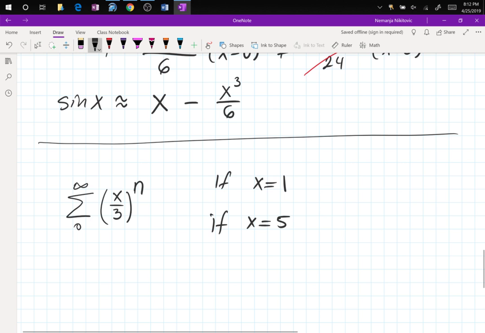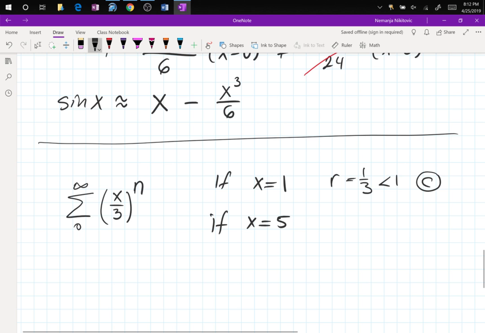Why? You are correct. Why? Ah, nice. You immediately figured it out. If you have x equals 1, your r is 1/3. That's less than 1, so it converges by geometric.